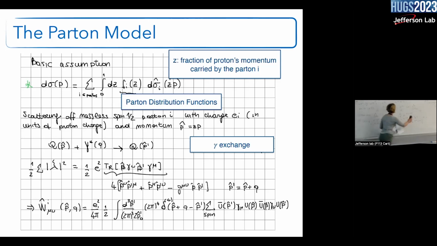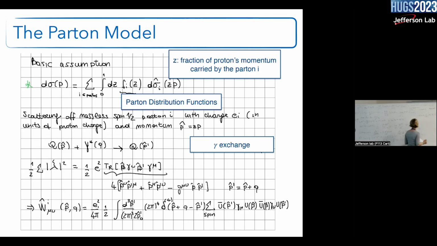The Parton model assumption is the following: the partonic cross-section for l, P onto l prime X can be written as the sum over i, where i goes over all the partons of the proton, of the integral between 0 and 1 of dz of f_i(z) d sigma hat_i(z p).